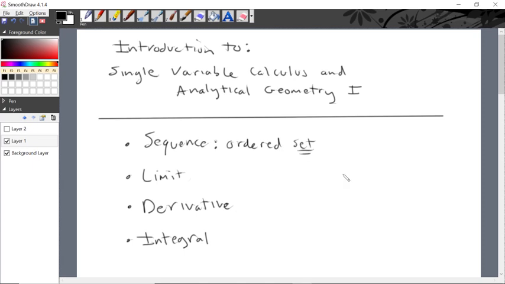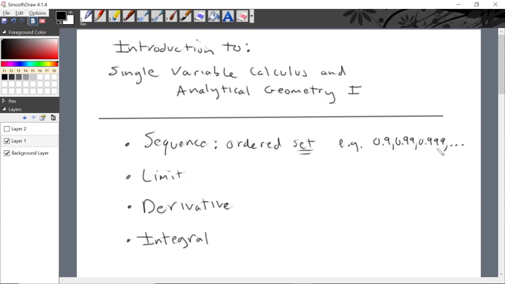So an example of a sequence: let's say I write the numbers 0.9, 0.99, 0.999, etc. The three-dot ellipsis is saying that the pattern will continue, as it has already been demonstrated here.